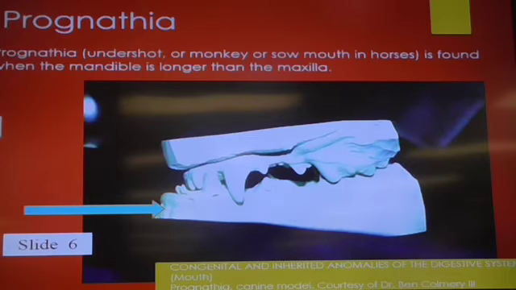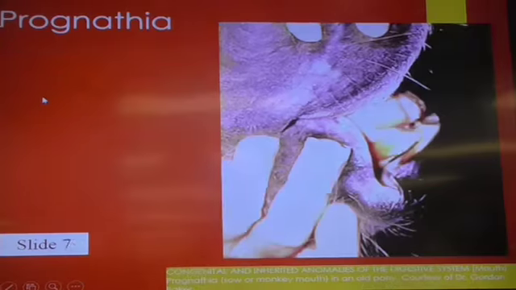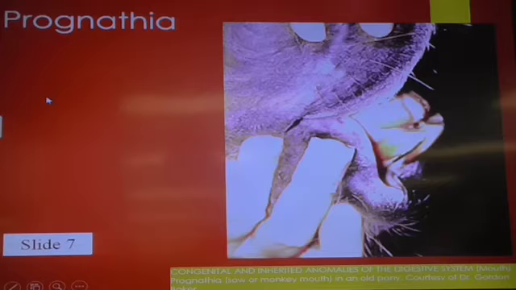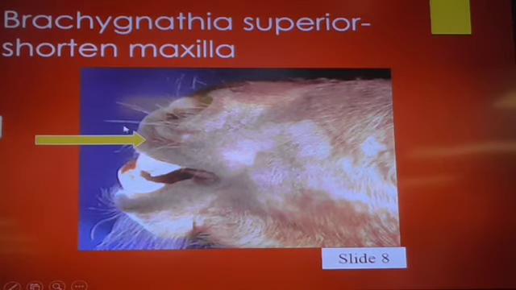Unless you're very comfortable with the breed-specific sort of disposition, it can be hard to tell when an animal has prognathia. So this is a horse with prognathia, and you can see that in this picture. Brachygnathia superior is considered where you have shortening of the maxilla.